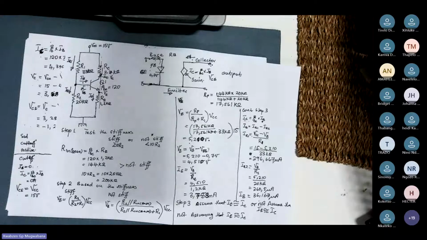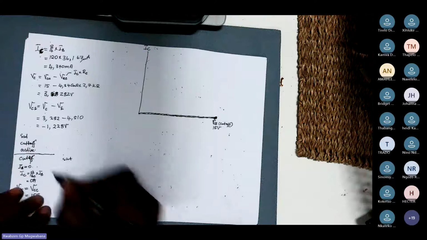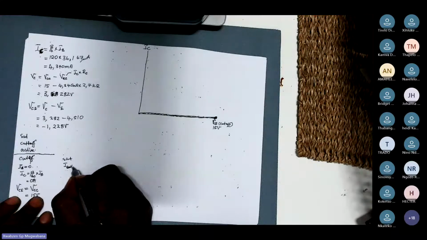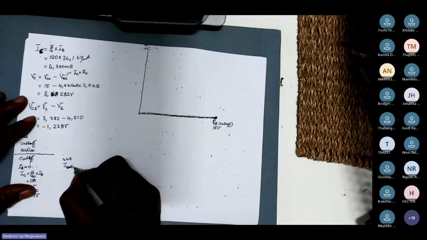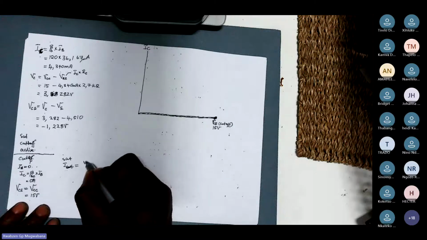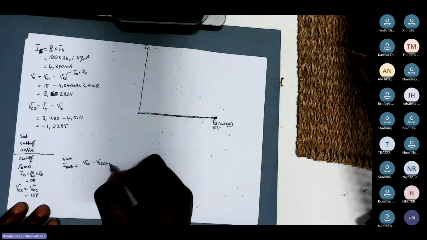Now, with this saturation region, I need to find my IC saturation. Your IC saturation will be given by the following parameters. It will be generated from VCC minus VCE saturation.